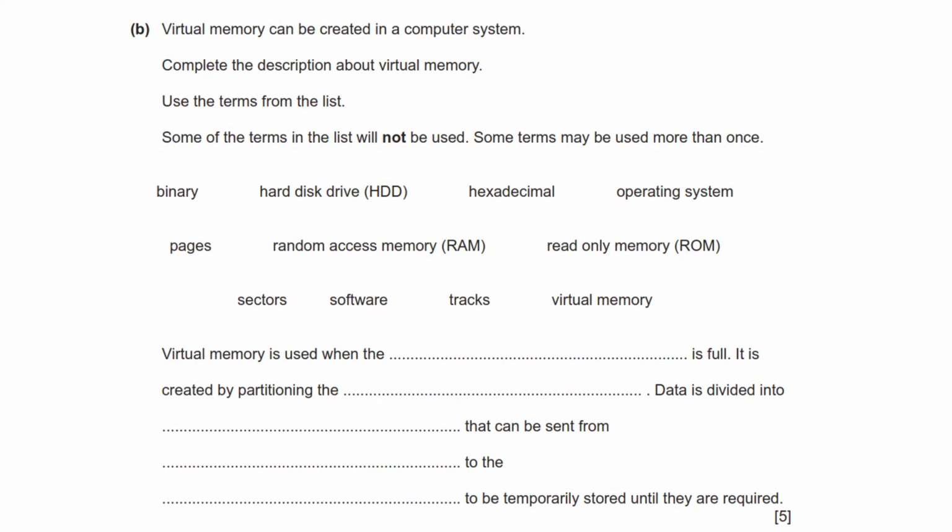So virtual memory is used when the RAM is full. So you can use this when the random access memory, RAM, is full. It is created by partitioning the hard drive or hard disk drive.